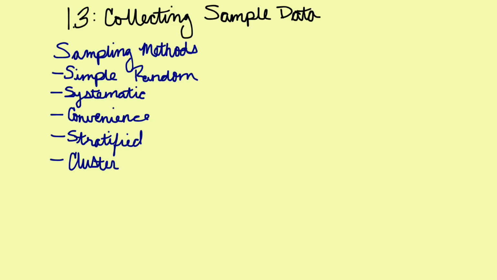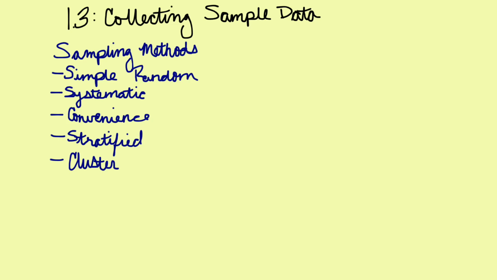Stratified or cluster is where a lot of confusion happens because they are both sampling certain groups. Stratified is when you break a population into groups based off a characteristic. So for example, breaking Pennsylvania into men versus women. That would be a stratified sample. So you would break Pennsylvania into men and women and randomly sample within those two groups.